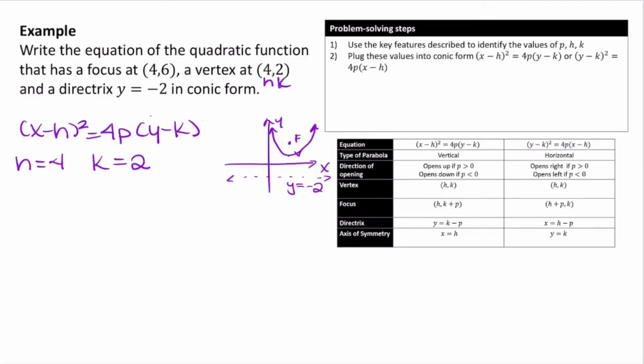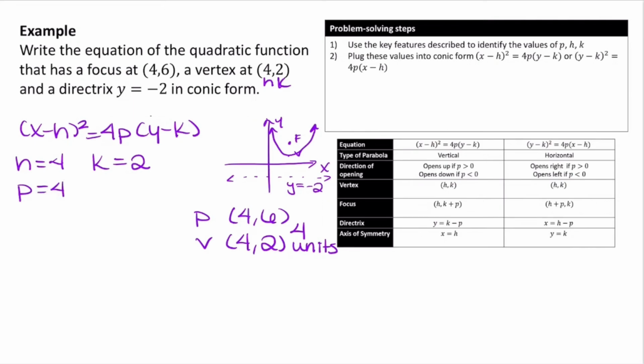Now we need to know the value of p. Remember that p is the distance from the focus to the vertex. So if the focus is at (4, 6) and the vertex is at (4, 2), we can see the x-coordinate is the same, but the y-coordinates are 4 units apart. So we can tell that the value of p is going to be 4.